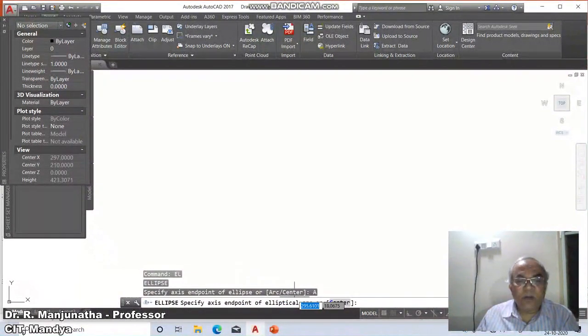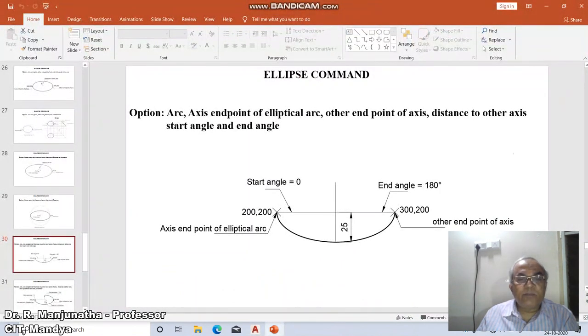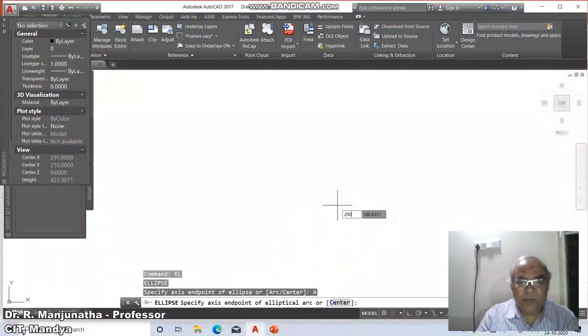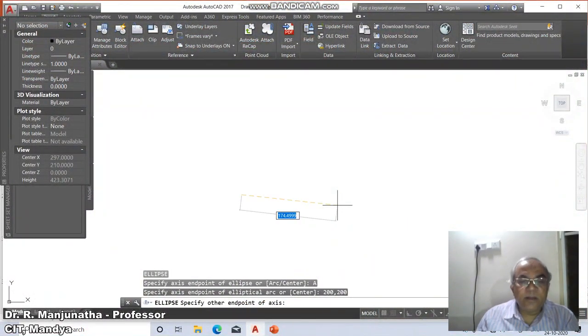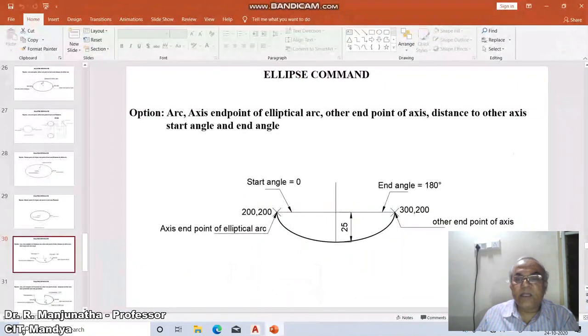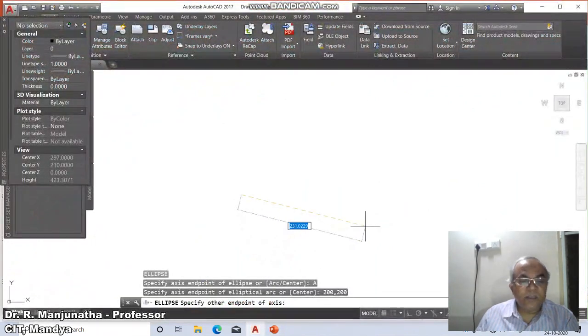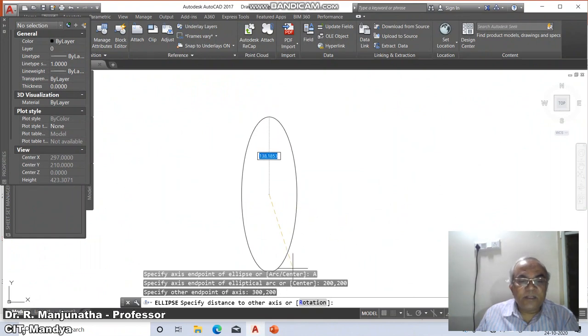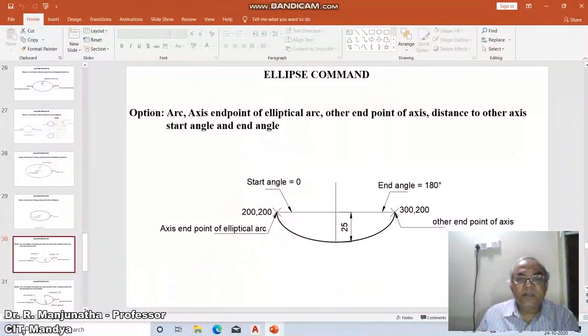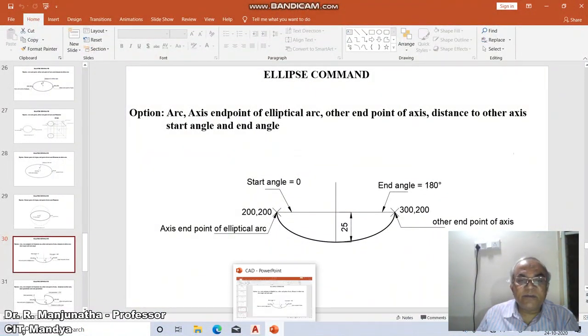Specify axis endpoint of elliptical arc: we will type 200,200. Then the other endpoint of the axis is 300,200. Then specify distance to other axis: I will say 25.